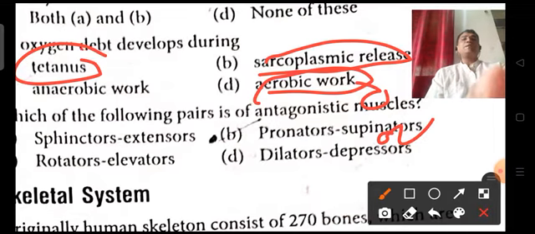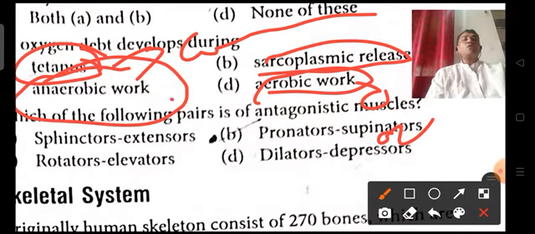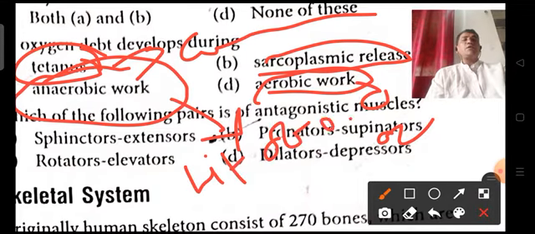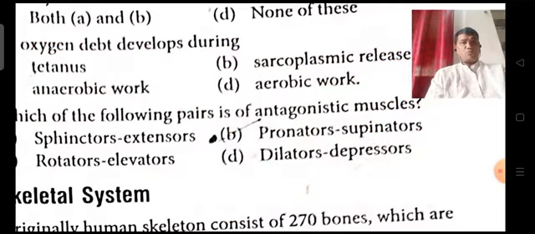Tetanus means the muscles remain in the contracted state. But oxygen debt is generally because of anaerobic work, that is, in little presence of oxygen or complete absence of O2 in the body.